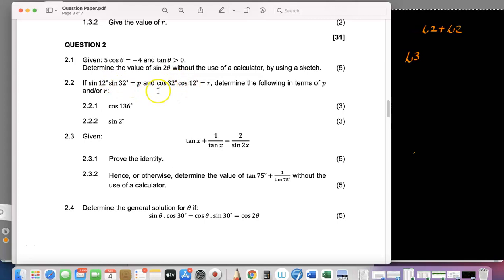So what should prick your attention is that, okay, wait a minute, if I put these two together, it might be the compound angle identity that I can apply. But regardless of that, when I get to this part of the question, I need to express this in terms of p and r.